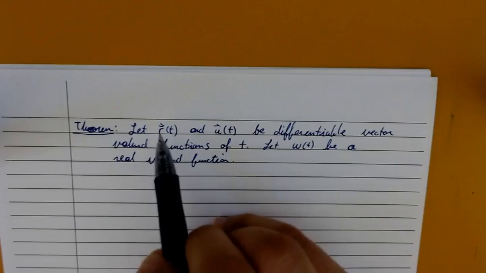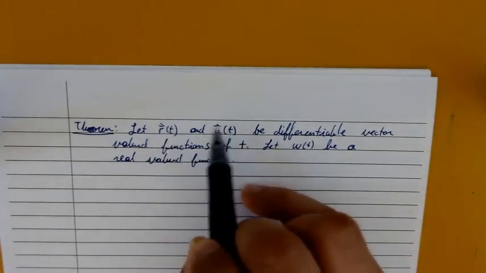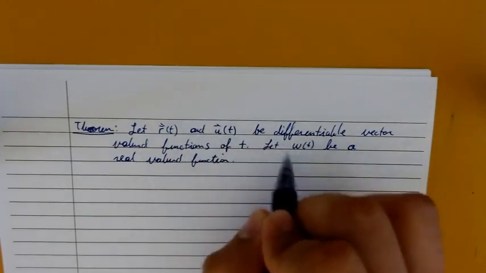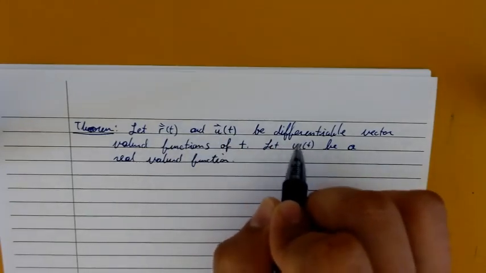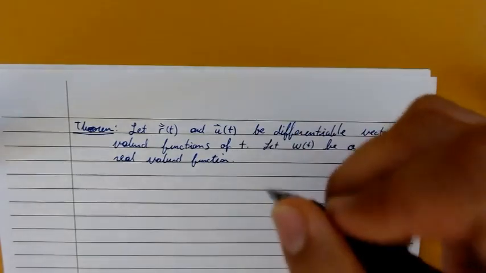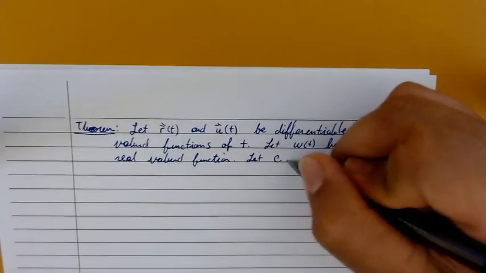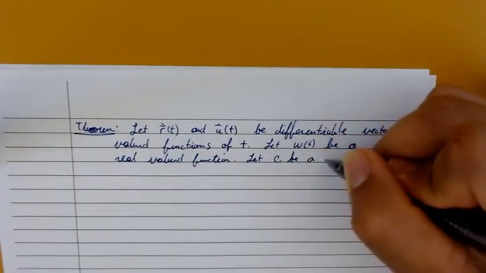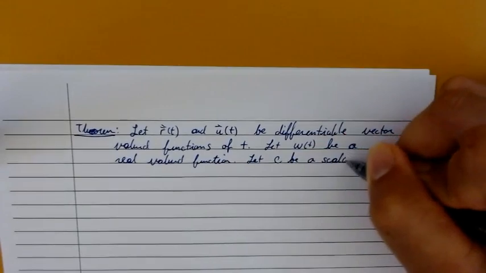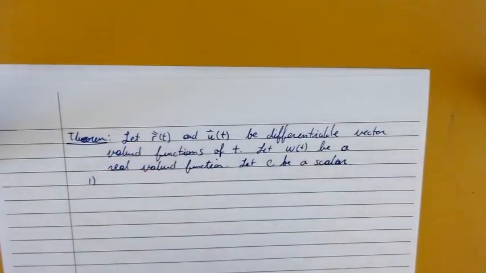If you plug in T, R of T will give you a vector, U of T will give you a vector, and W of T will give you a number. So without the little arrow, that's just a real valued function. And finally, tradition dictates, let C be a scalar, just a regular real number. Then all of the following things are true.